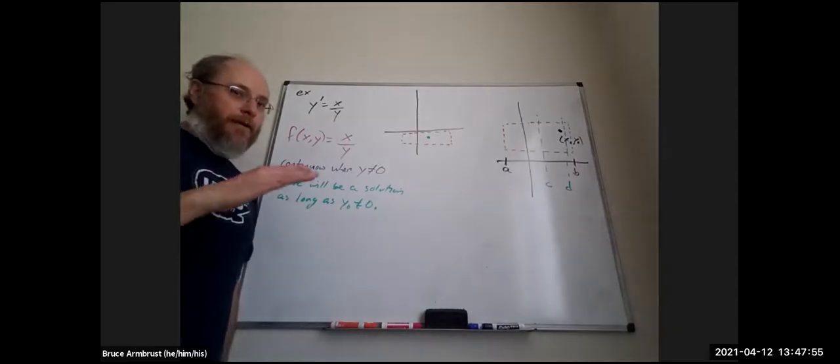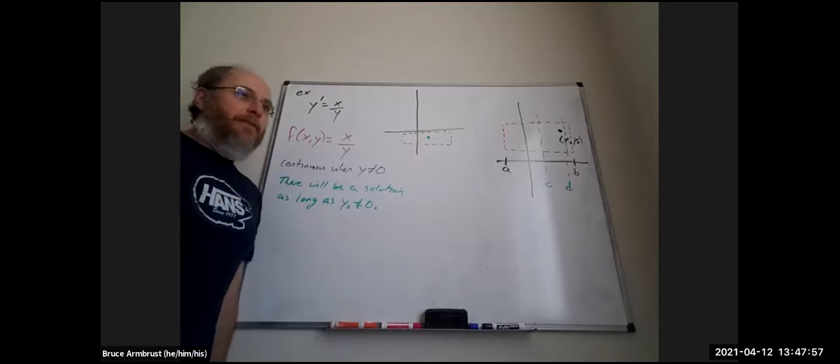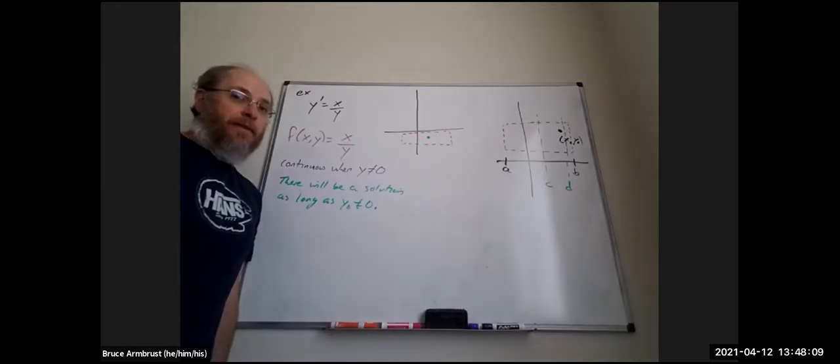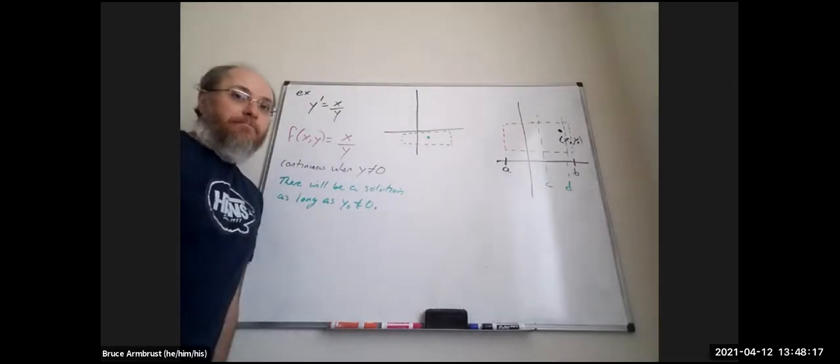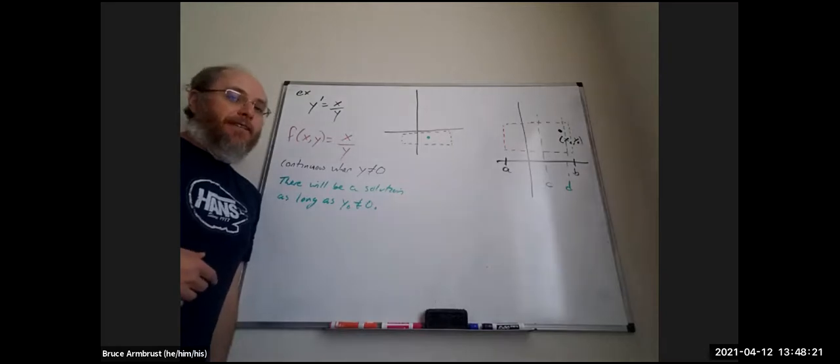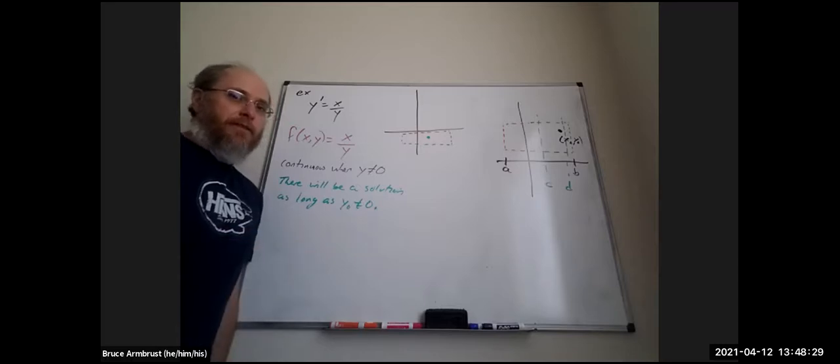Real quick before we go forward, because I just brought up something I want to remind you. Suppose I did give you an initial condition where y equals 0. Does that mean that we don't have a solution? No. It just means we're not guaranteed a solution. There's a slight difference there. All this theorem is telling us is if we're guaranteed a solution. It's not telling us that if that's not the case, then you don't have a solution.